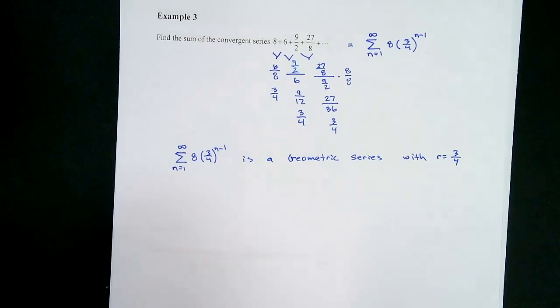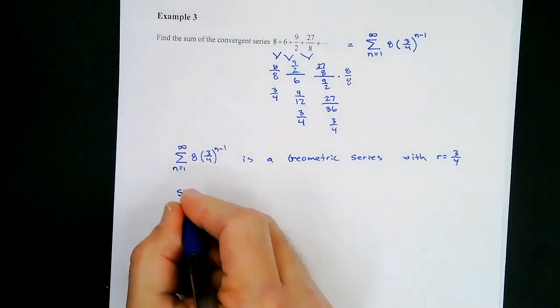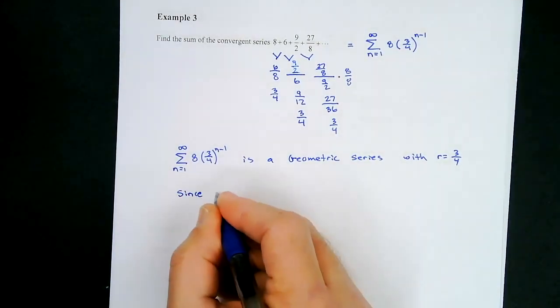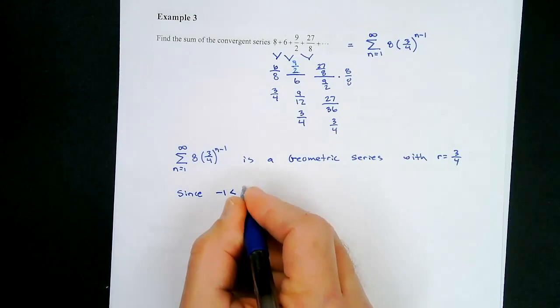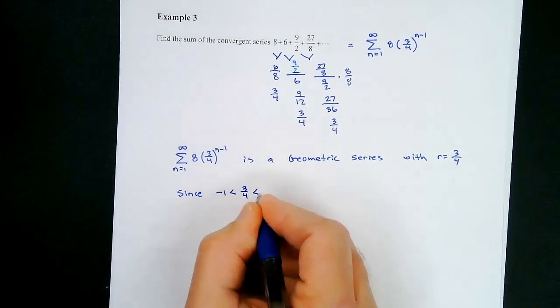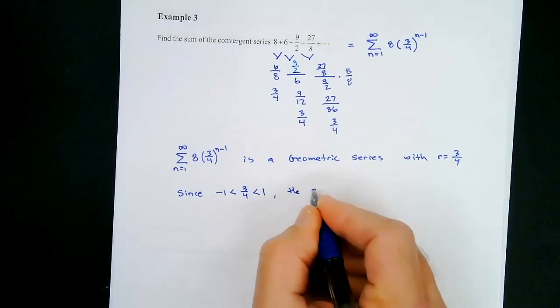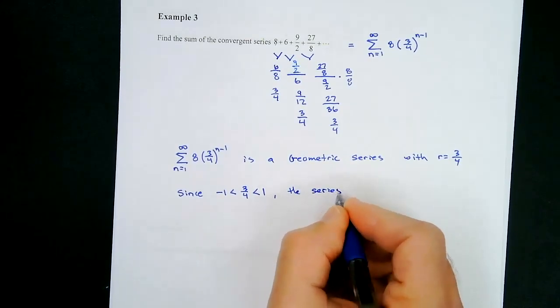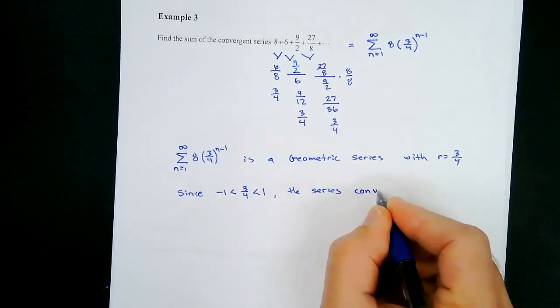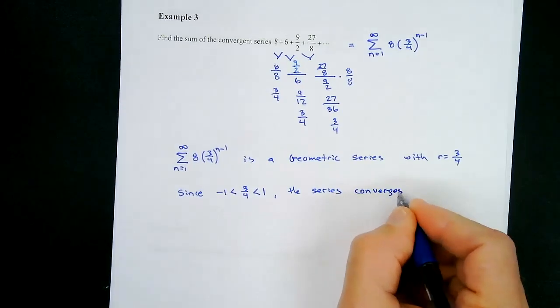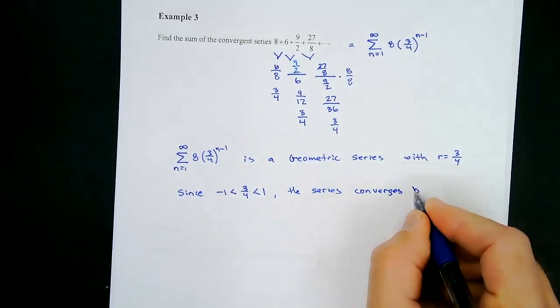Now we're looking at r. We know that it's between -1 and 1, then we know the series converges by the geometric series test. So we need to say that. Since -1 is less than 3/4, which is less than 1, the series converges by the geometric series test.